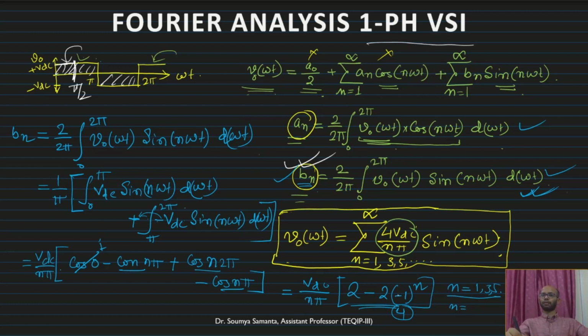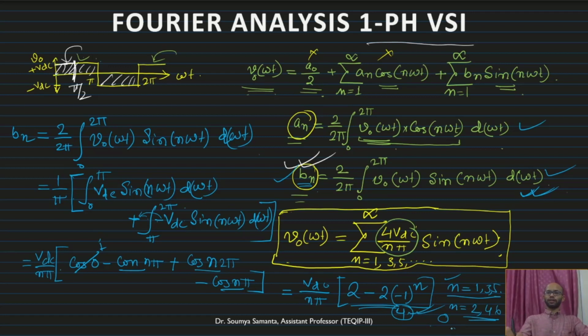This will be plus: minus 1 to the power 2, minus 1 to the power 4, minus 1 to the power 6, this will be plus. So 2 minus 2 plus 1 means 2 minus 2, that will be 0. So here itself you can see, if we put n equals 2, 4, 6, then we are getting 0. If we put n equals 1, 3, 5, we are getting 4. So this is the 4 VDC by n pi.